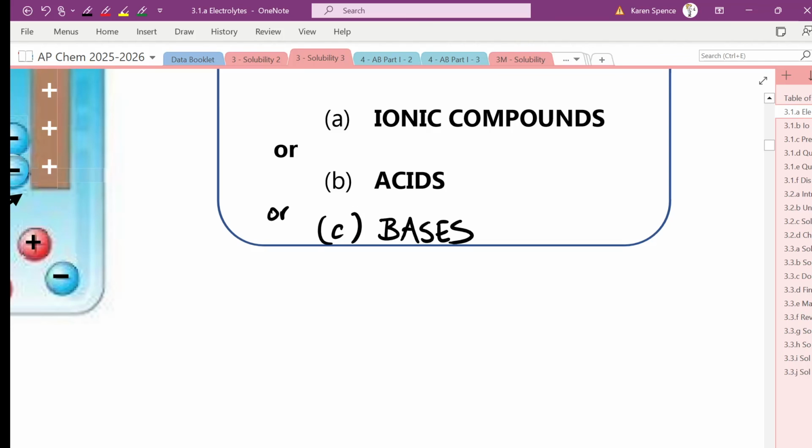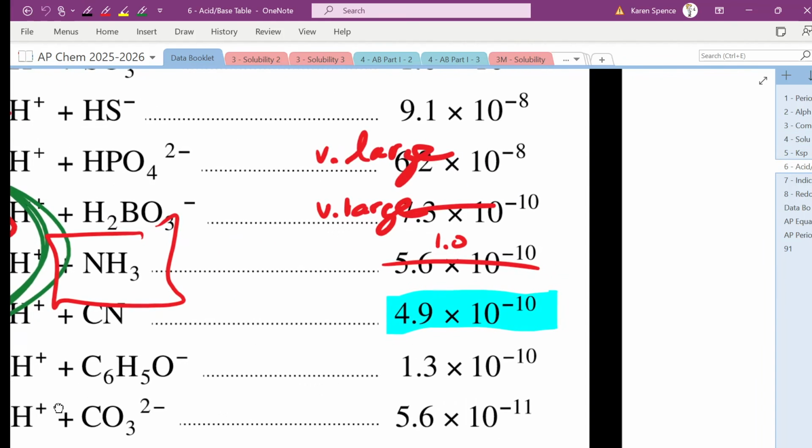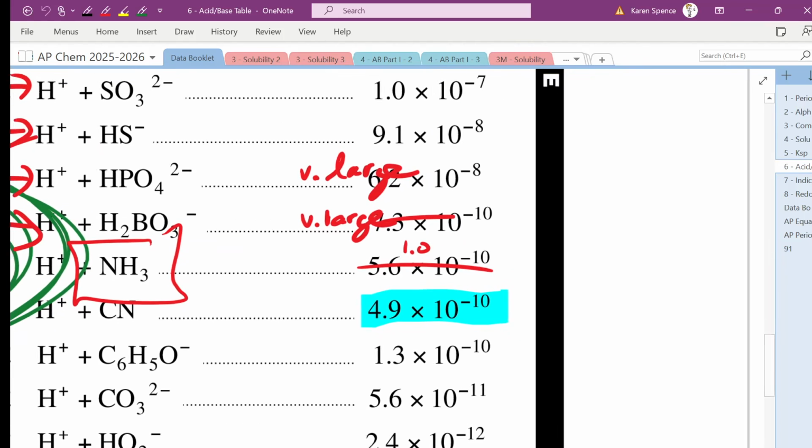NO2 is an ion. NH2 is an ion. What about NH3? Is NH3 a base? Does it look like, at first glance, that it's an electrolyte? No, because it's a molecular compound, but we know that it is in fact a base, because there it is, NH3.